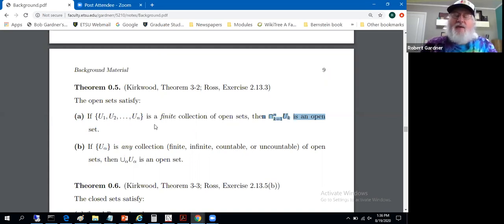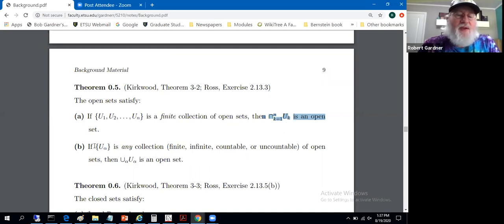Yeah, a finite intersection of open sets is open. Here we're thinking open sets of real numbers, but this is true in lots and lots of settings. It's true in the most general setting I can think of, which is a topological space. It's actually true by definition in a topological space. Finite intersections of open sets are open.